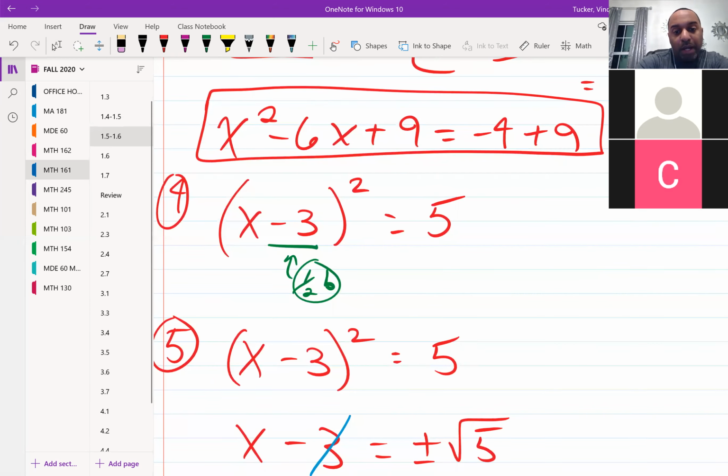So we have x minus 3 squared equal to 5. Take the square root of both sides so we can get the square off of x minus 3.